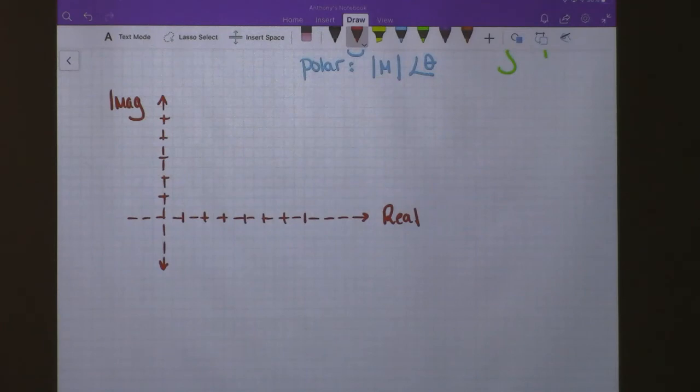So this point right here is 7, 5. I'm going to go ahead and draw a vector that goes along with it. And this vector has an angle, which is the same as this theta right here.